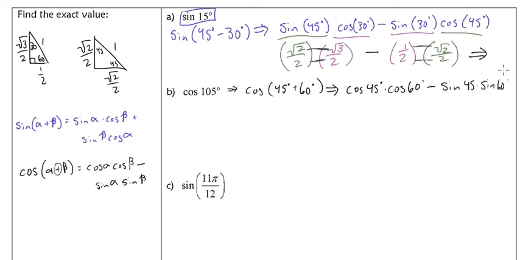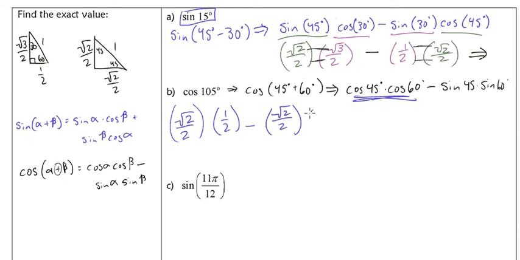Substituting those values going through your triangle, cosine of 45 is square root of 2 over 2, times cosine of 60, that's 1/2, minus sine of 45, square root of 2 over 2, times sine of 60, that's the square root of 3 over 2.